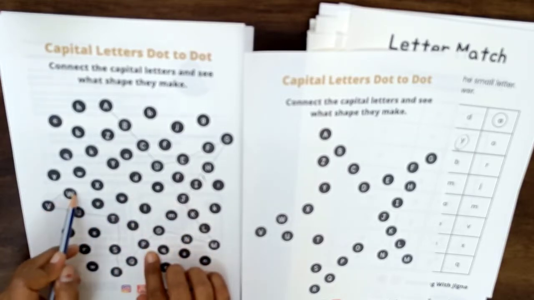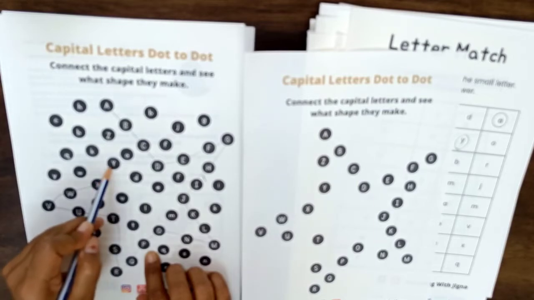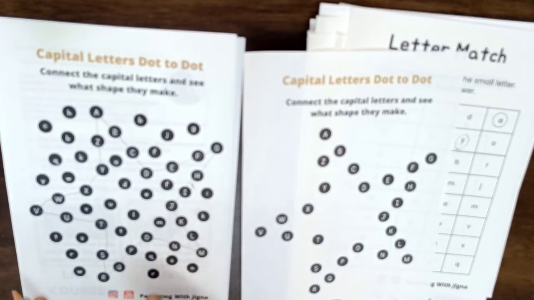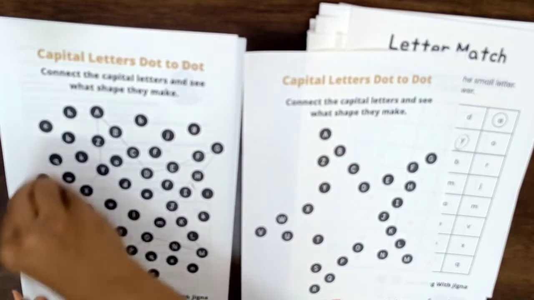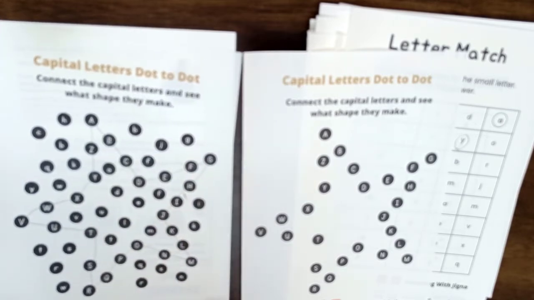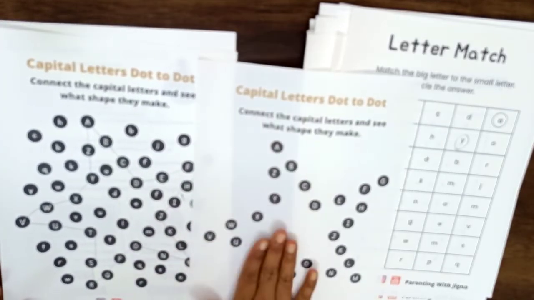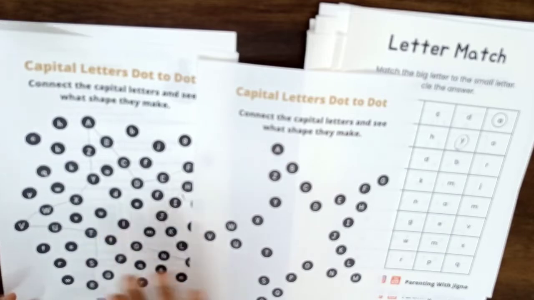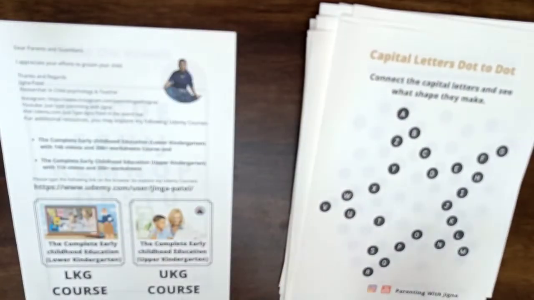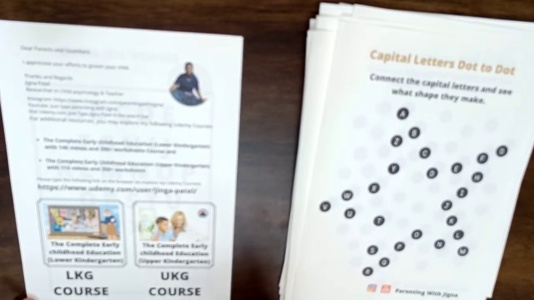So here the teachers are checking the child's ability to trace only the capital letters among all these letters. So this we can say level 1 and this level 2. Give them thorough practice of this kind of worksheet. It will really help your child to get good grades in the annual exam.